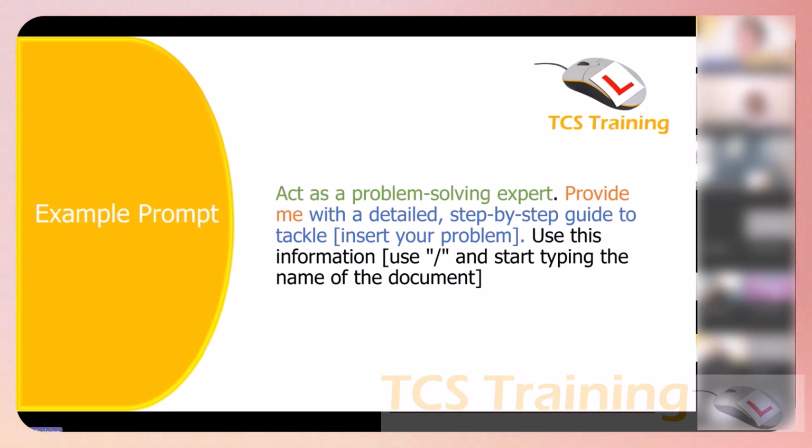You basically tell Copilot all your problems. And then you could say, use this information, and we use a slash when we want to add a file. I'll show you in a second. And then you would add in the file that you wanted it to use, or if necessary, more than one file.